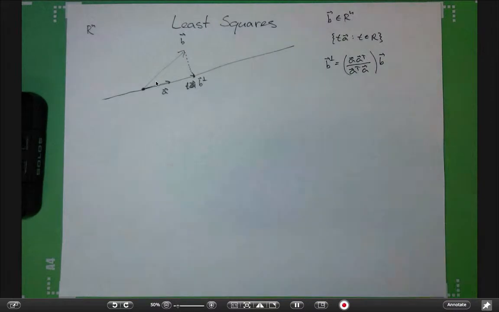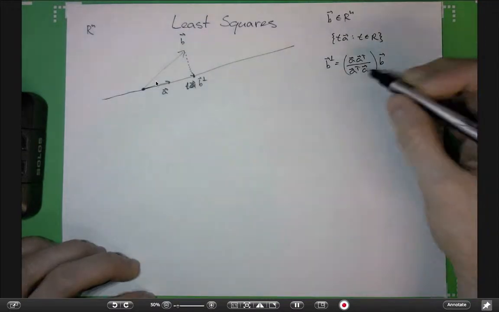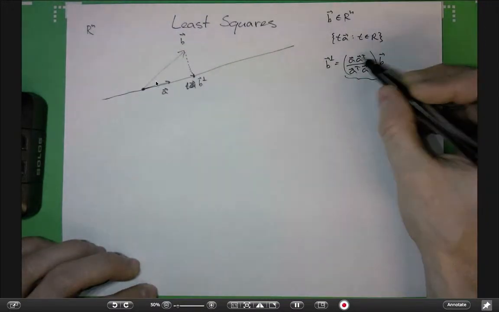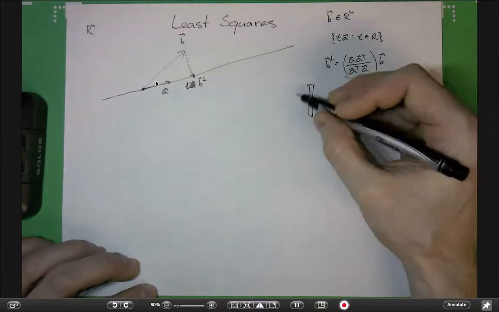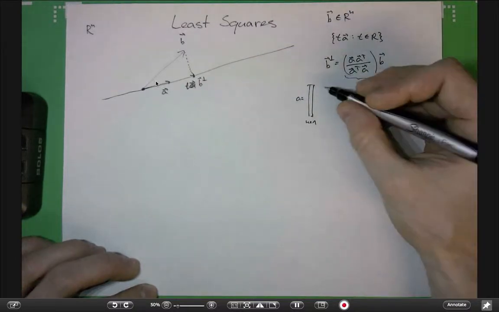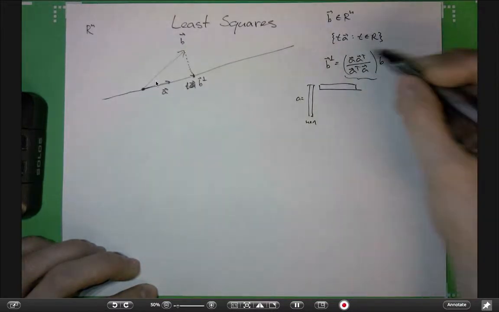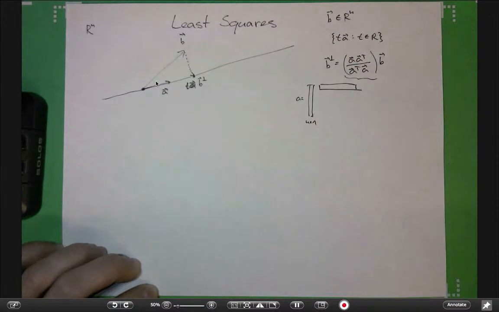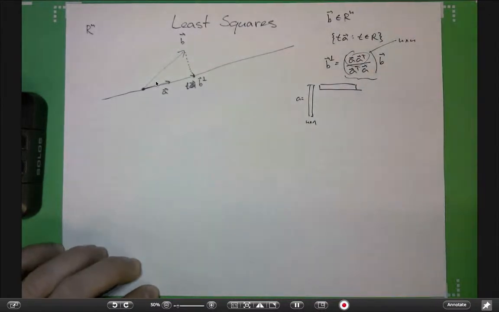So this is the b orthogonal projection, and this is my projection operator. Do you remember this? This is what we discussed last time. So what is this thing here? Let's talk about it for a little bit. a, of course, is just a column vector, right? So it's an n by 1 column. a^T is a row vector. So this a a^T is an outer product, right? So this thing is an n by n matrix.